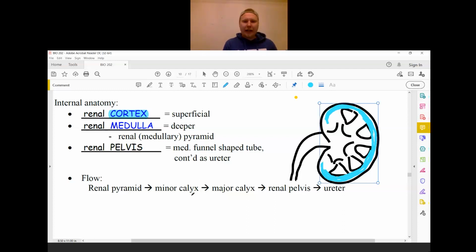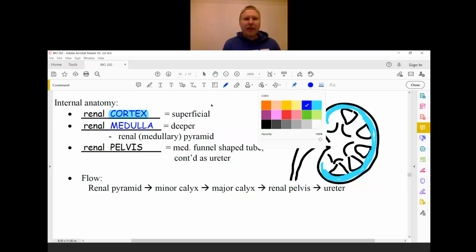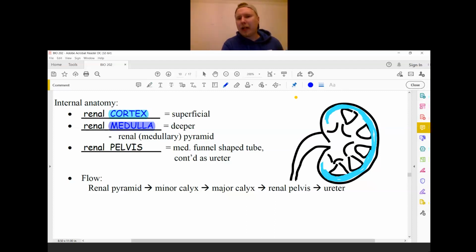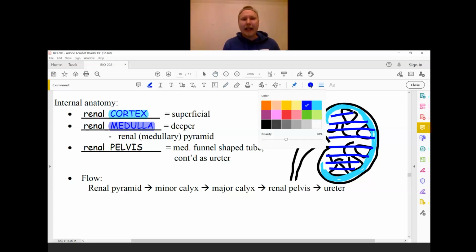In addition to that, we, of course, have our medulla, which is the deeper portion of the internal structure of the kidneys. So the medulla would cover the rest here. And within the medulla, we can see certain structures that I want to highlight. Let's highlight a renal pyramid.